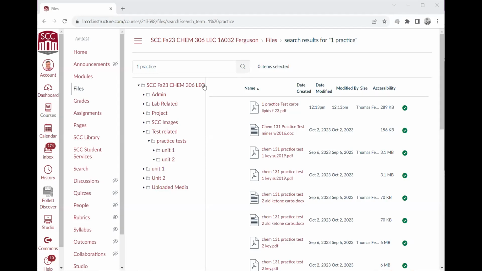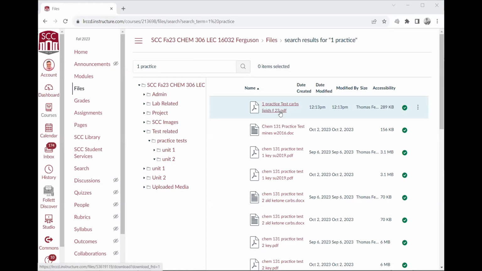And I reloaded it and renamed it so it'll be easier to find. Just do a search on one space practice and it'll come up. I'm sorry for this awkward moment.